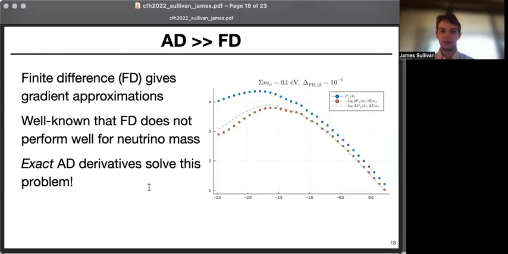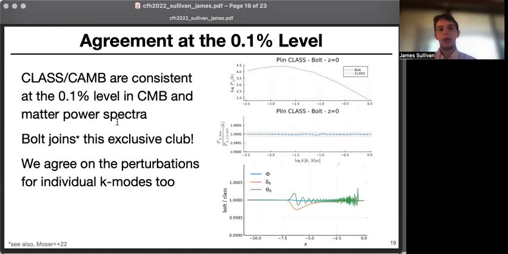And that's illustrated here in this plot. We have the exact derivative in orange from Bolt, and green is a finite difference derivative with a choice of step size. And choosing the step size is something that you have to figure out, and it's just automatic with Bolt. It's right there. So exact derivatives solve this problem of finite differences.